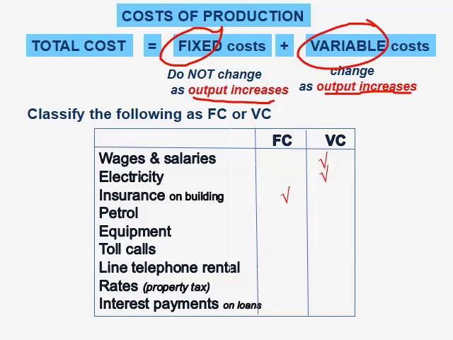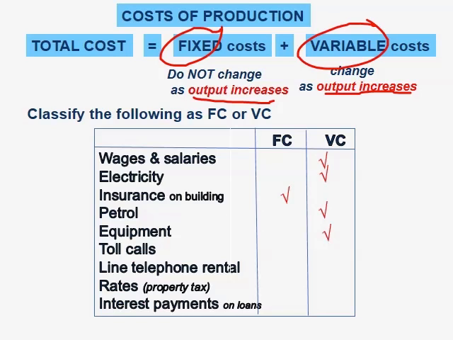Fixed cost. Petrol, not a very good example for ACG, but you can imagine as more students came in, and if ACG sent someone out to collect them from the airport, well, more students, more petrol, so a variable cost. Equipment, of course, more students means more equipment, more tables, more chairs, more iPads, etc. Variable cost.